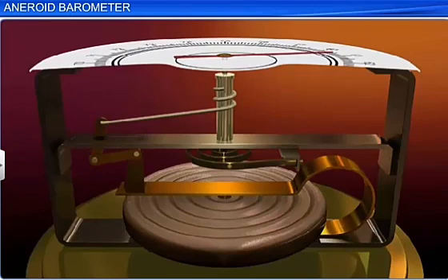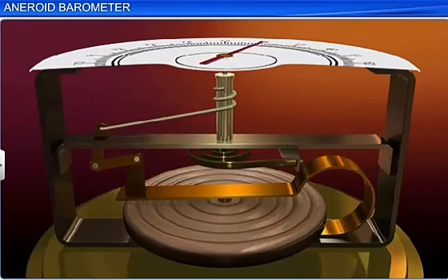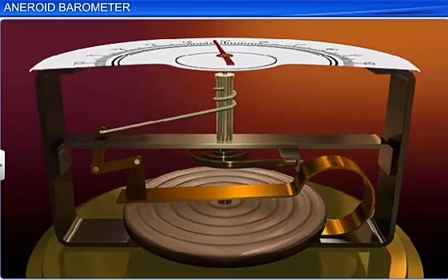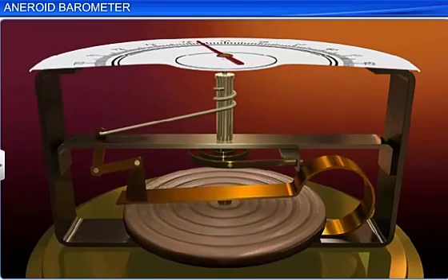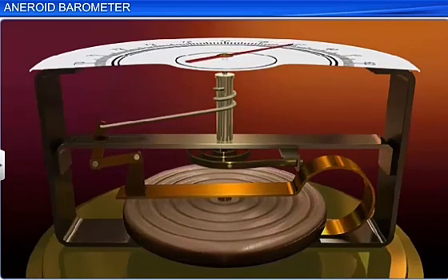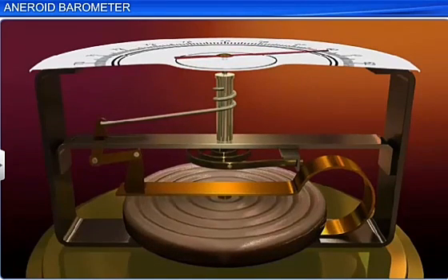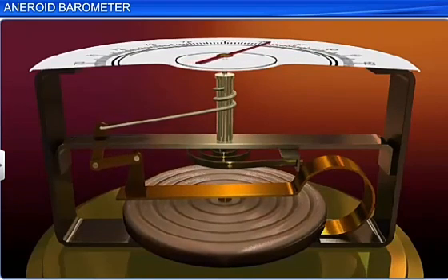The motion of the diaphragm makes the central lever move in the downward direction. This small motion of the central lever is magnified by the system of levers and the metallic chain is pulled. The metallic chain, in turn, rotates the pulley and makes the pointer move on the scale.